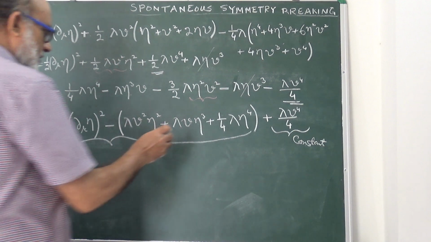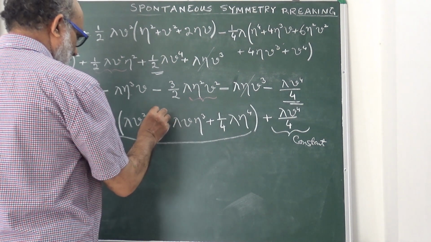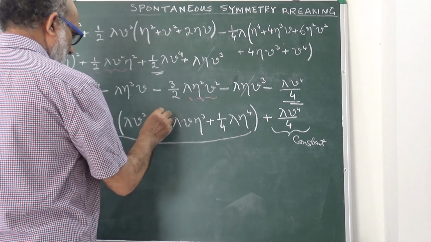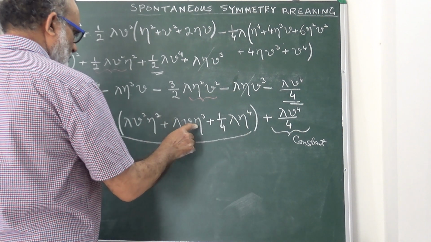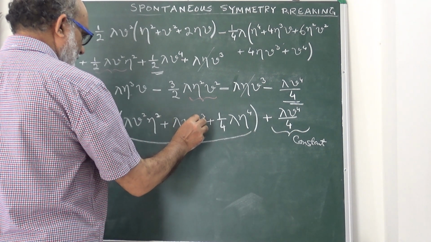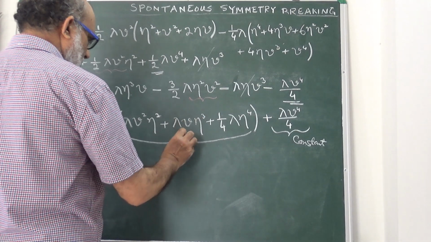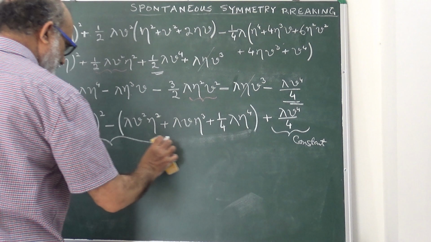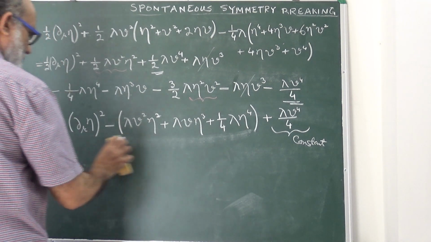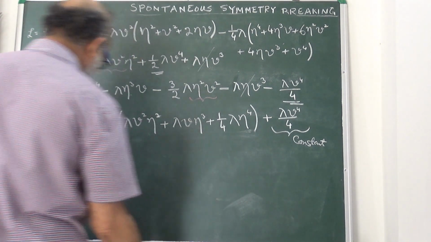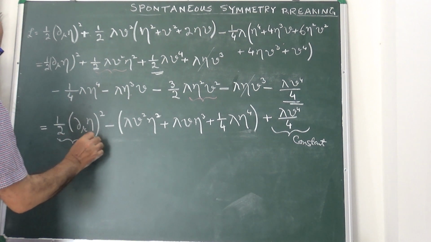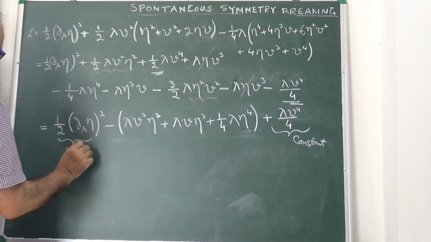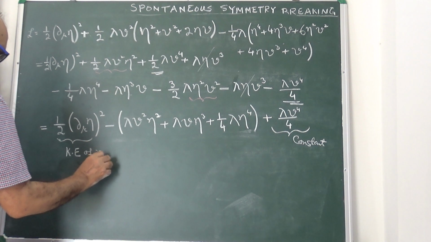And this is the potential energy, and this is due to the self-interaction term on the eta field. So this is the kinetic energy of the eta field.